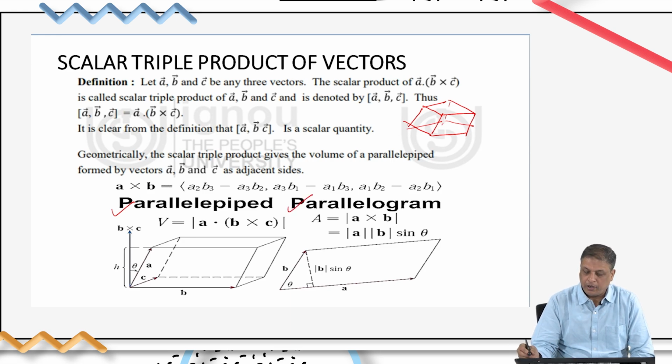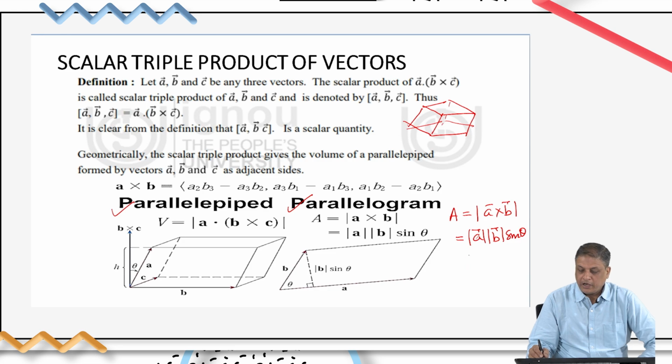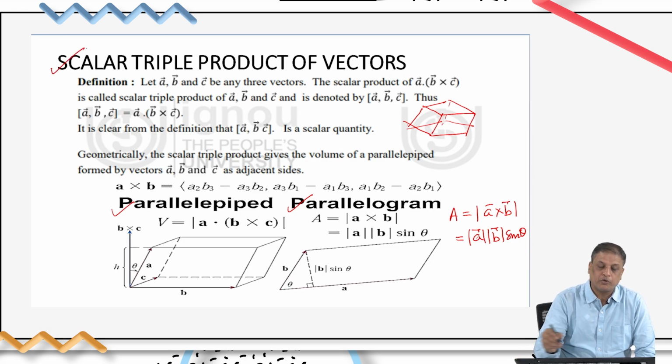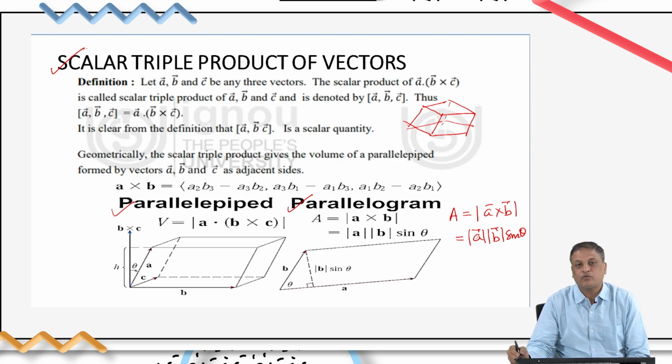We have the parallelogram whose area is given by magnitude of A cross B, we recently learned, and A cross B is nothing but vector A to vector B into sine theta. Now, that means sweeping it in a perpendicular direction, we are going to compute the triple product, and triple products are of two types.